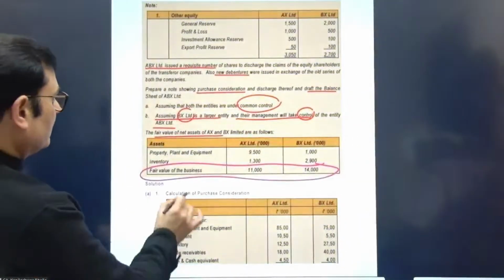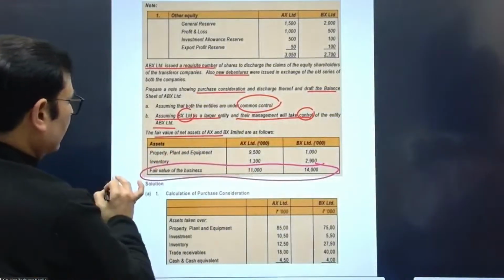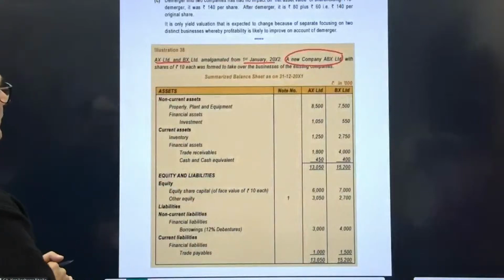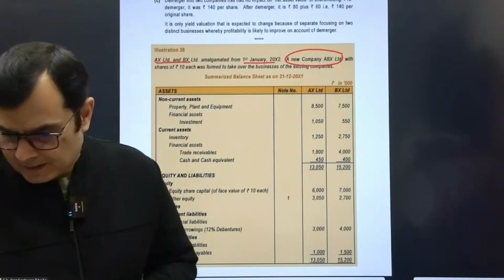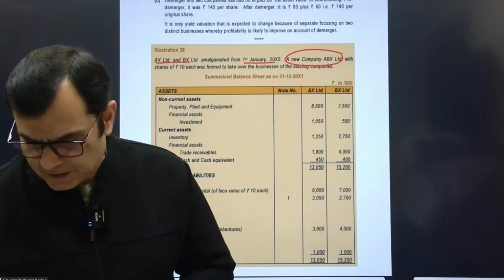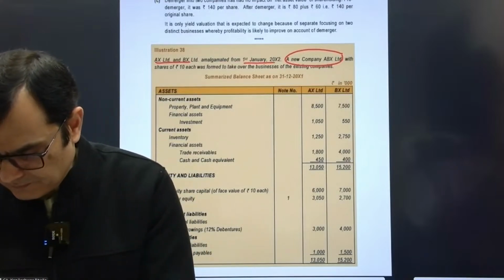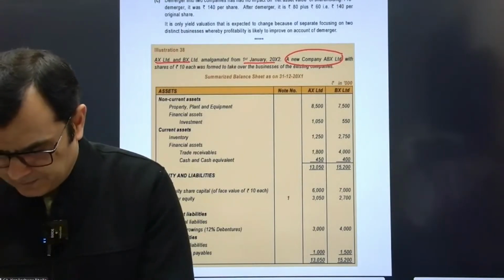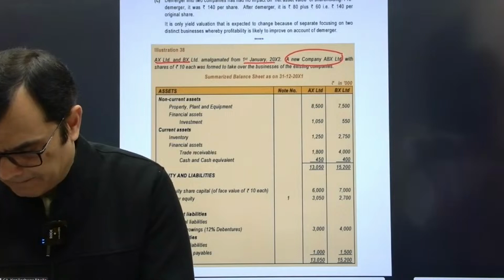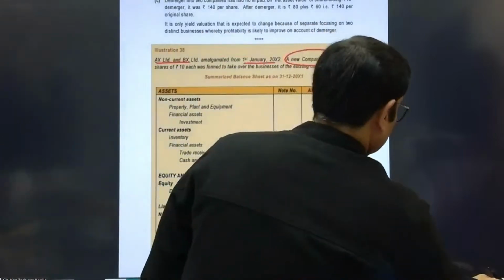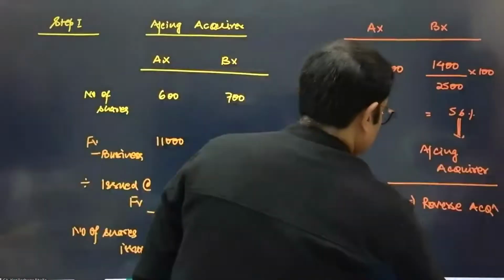I guess we are given the fair value of PPE and inventory. Rest nothing is given, so we can just have a look at the items in the balance sheet. Let me just open up the figures in front of me so that we can incorporate them. Let's begin with the fair value of PPE, which is 9,500. Inventory is 1,300.